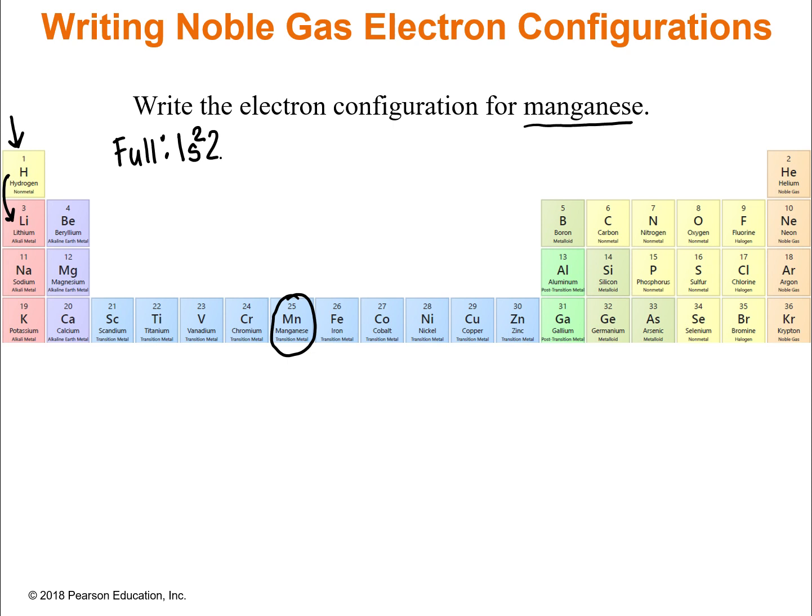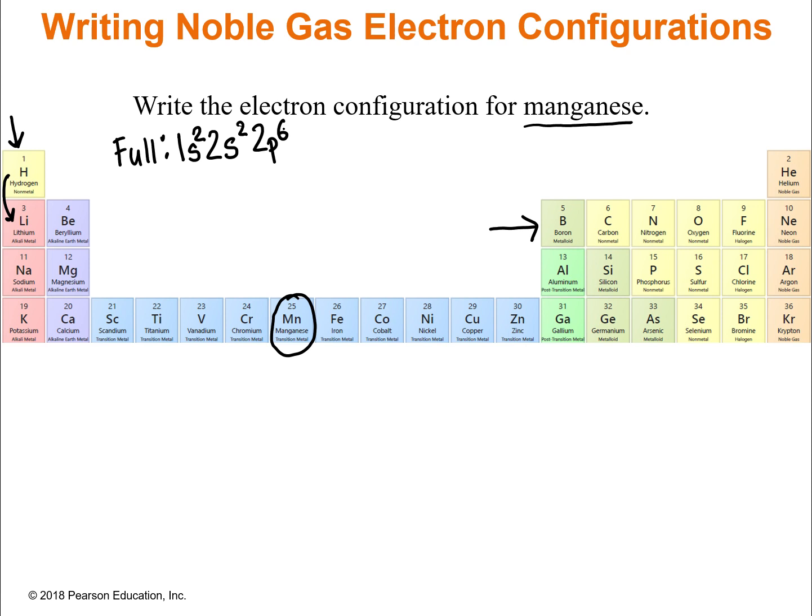Now we're in the second main energy level. Still in the s block, so we're going to fill the 2s with 2 electrons. Then we make our way across the periodic table to the p block, where we fill in all 6 of those slots in the 2p.